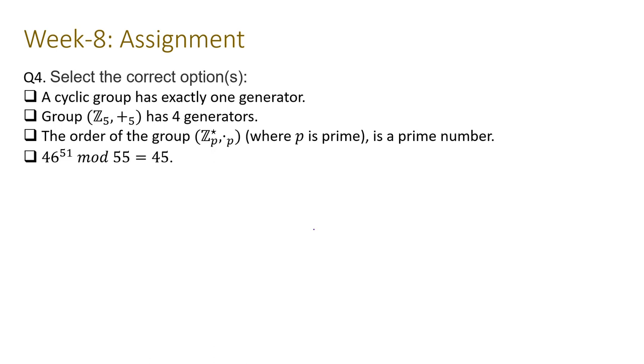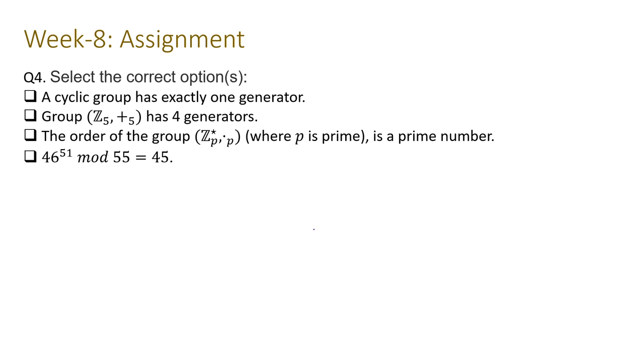The number of elements in this group is 5. So this is a prime order group, and for a prime order group we know that all the elements except the identity element are actually generators. So in this group Z5 consisting of the elements 0, 1, 2, 3, 4, all the elements except 0 are generators.